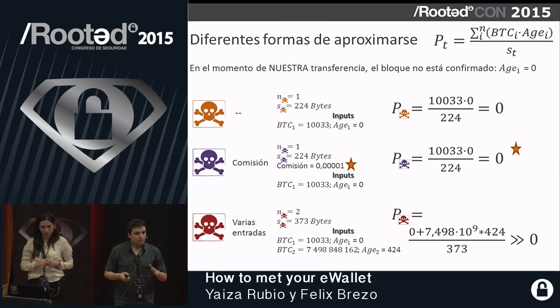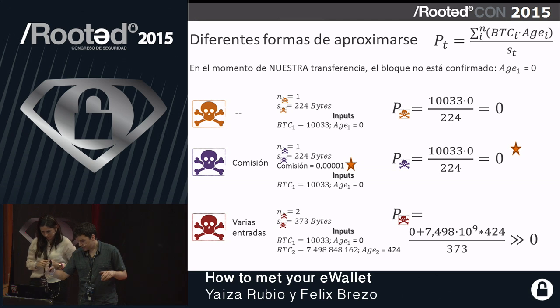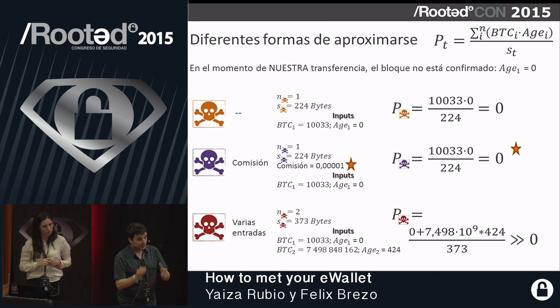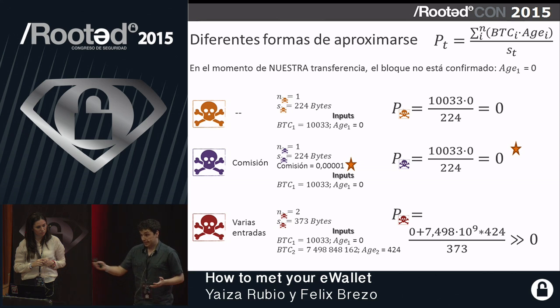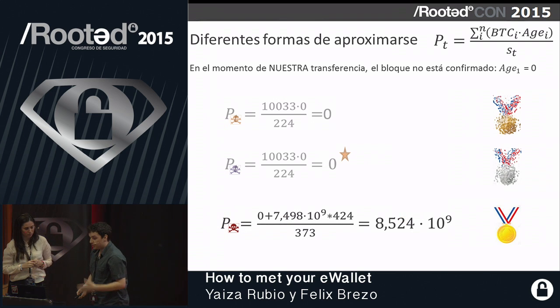And the third attacker made a very different approach. Instead of transferring the money we moved from an account of his own, he moved a lot of money, 7,000 millions of satoshis. Some seconds later, this transaction had a bigger priority, considerably bigger than the rest.